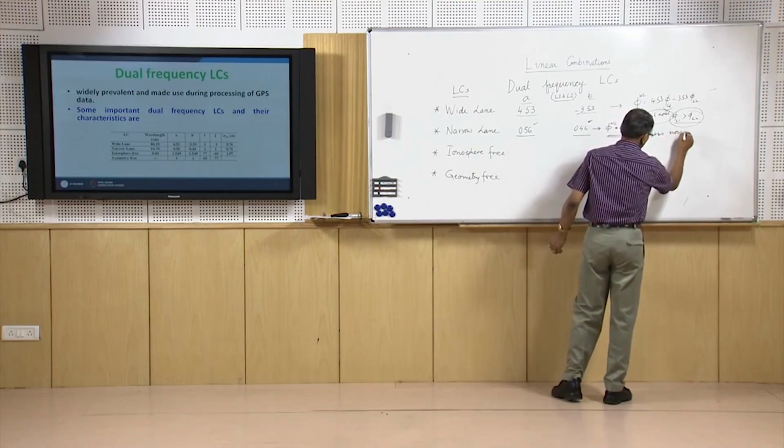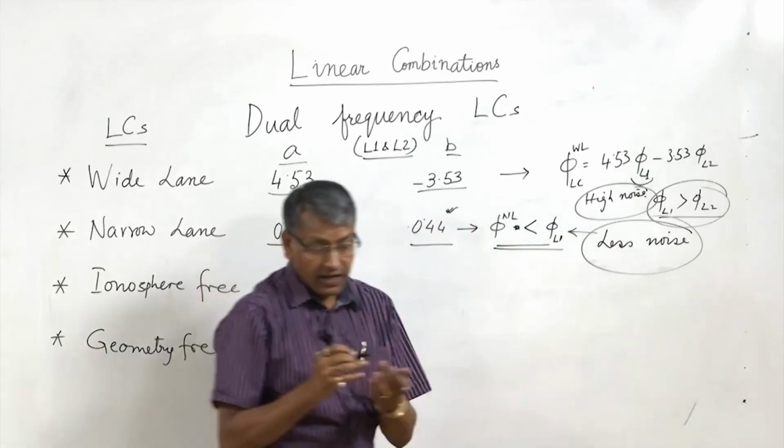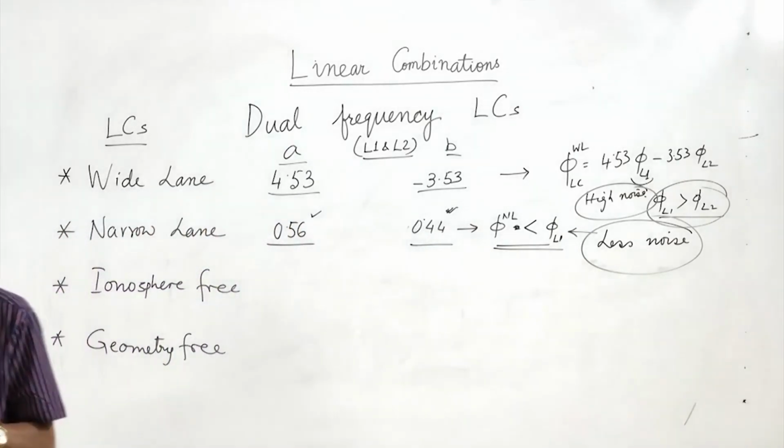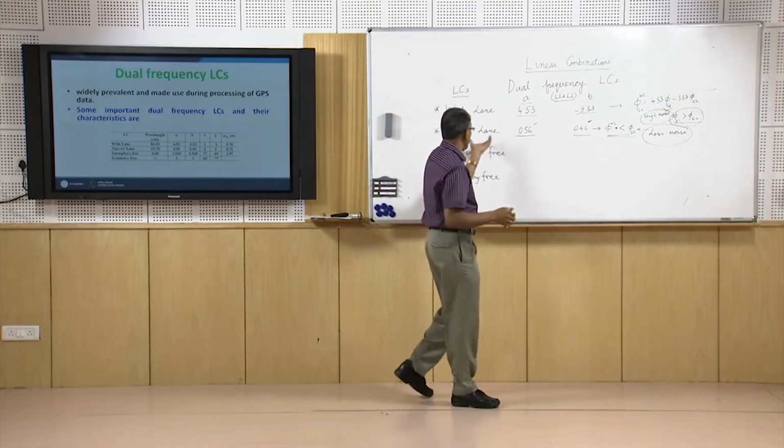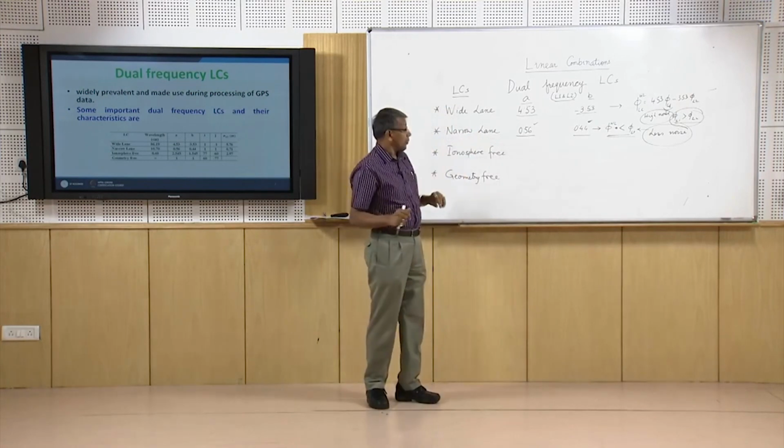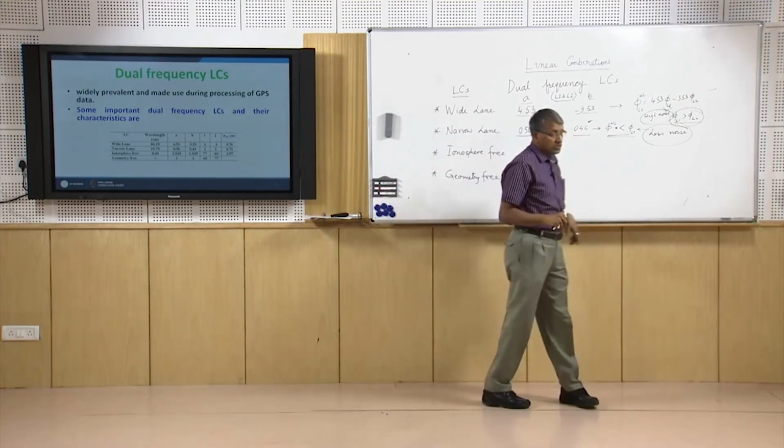So, if we want to create a signal which will have less noise, then we should make use of the narrow lane concept, and these constants we may use.